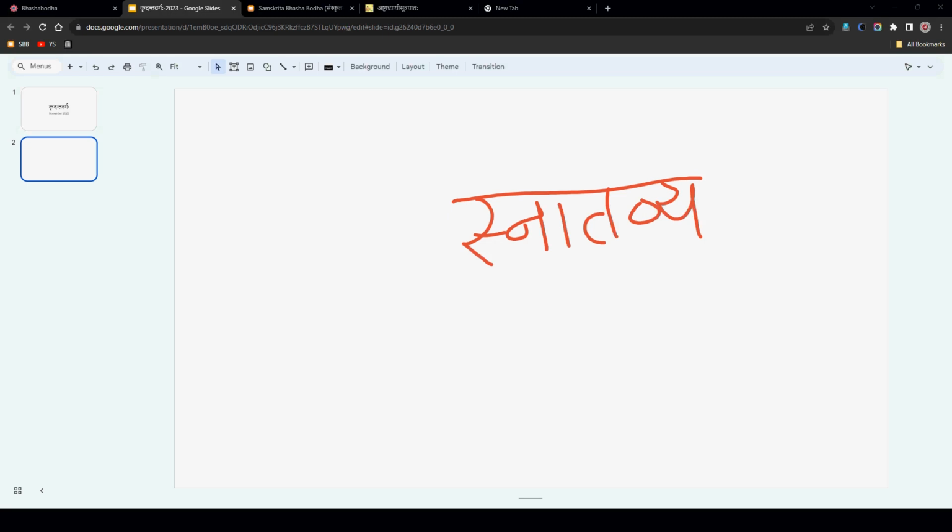Aham snatavyah. You can take that. Or maya snatavyam in that case. Because by me, bathing needs to be done. Maya snatavyam. By me, bathing needs to be done.